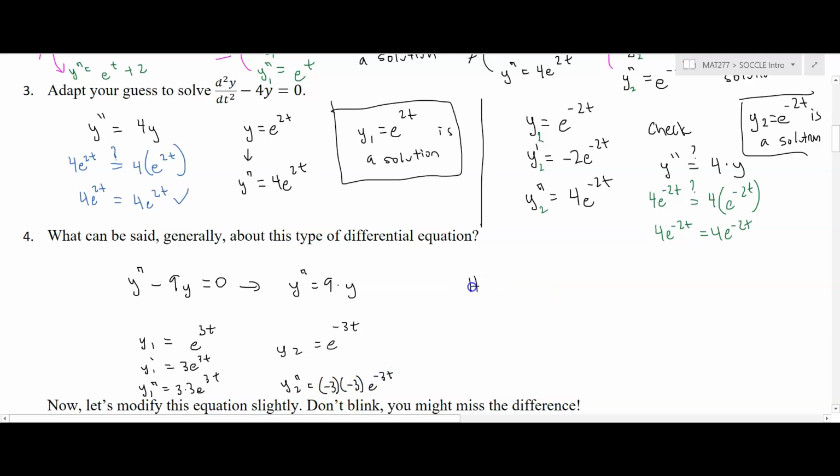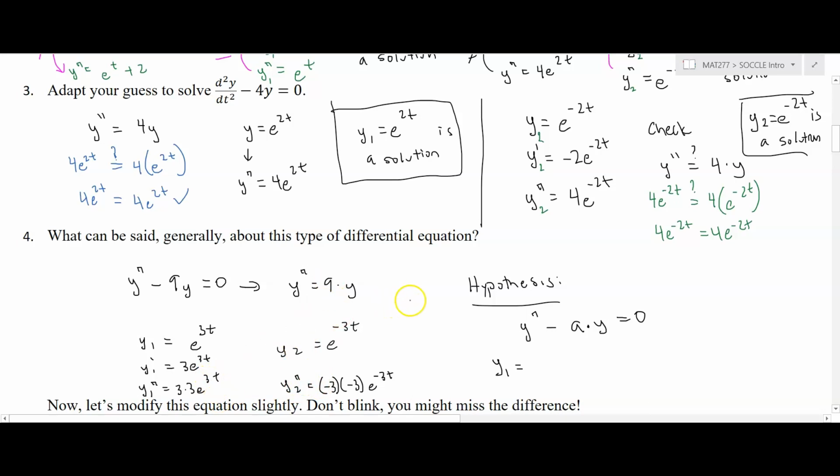So I'm going to hypothesize that if I had y double prime minus some constant, we'll just call this a, times y equals 0, we would be willing to guess that y1 equals, well, what was the relationship between the 9 and the 3?